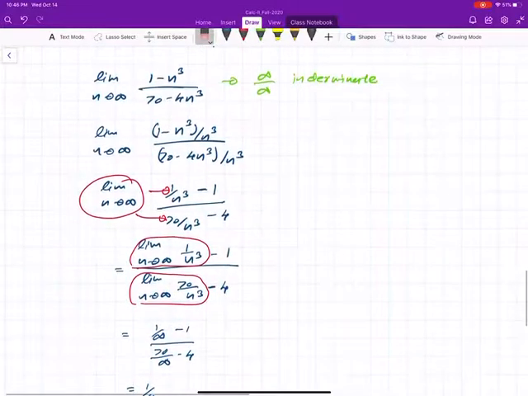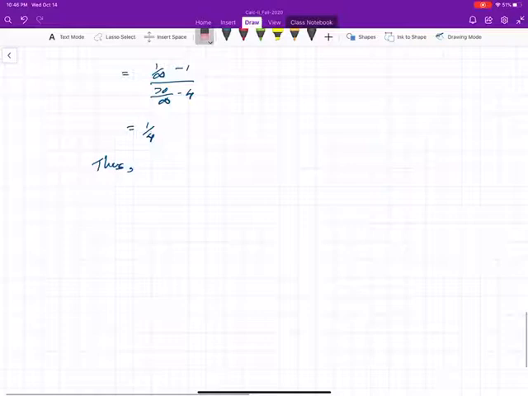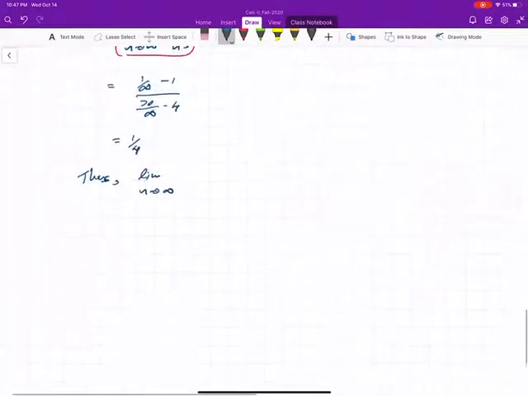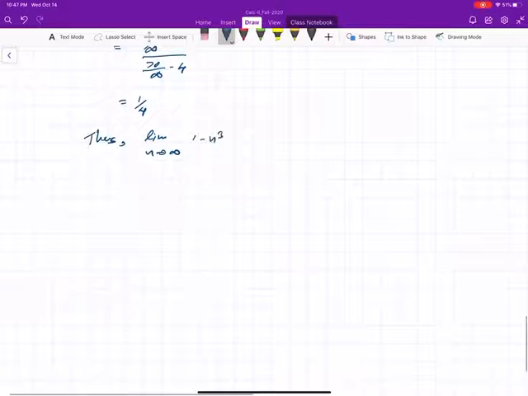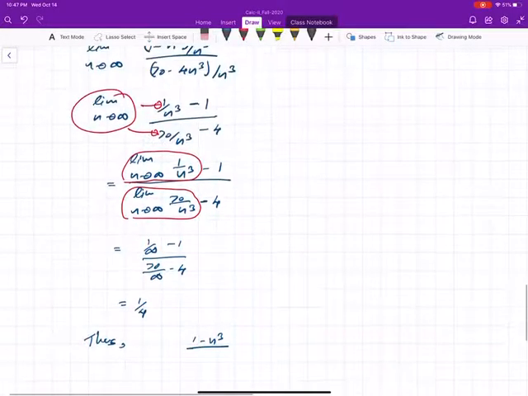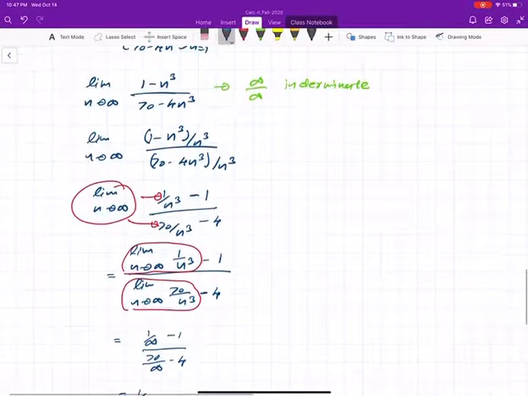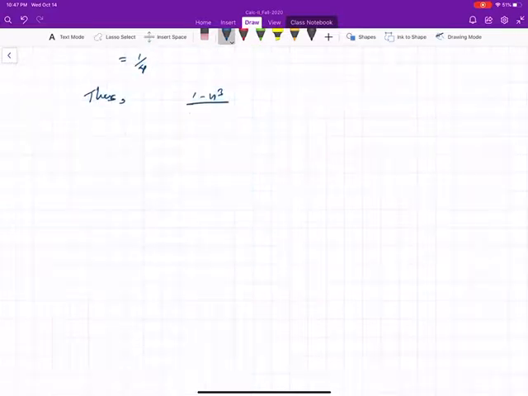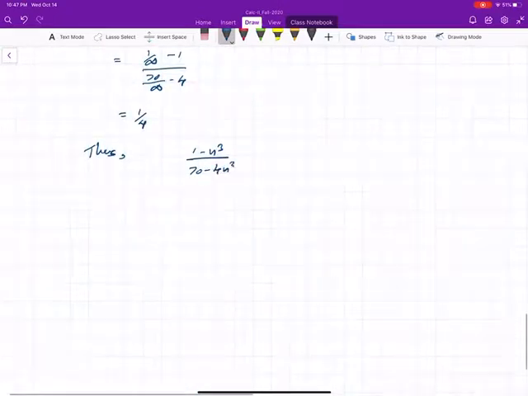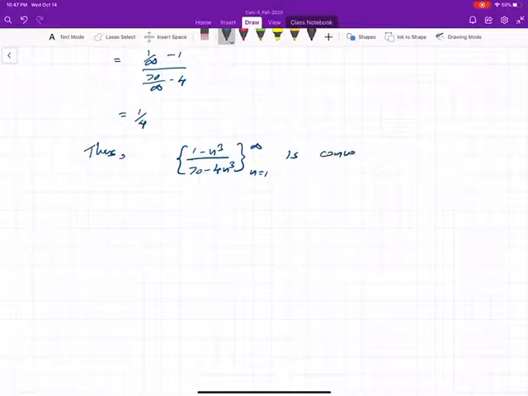Thus, the given series, I'm sorry, I'm talking about the series, not the limit part: the sum of (1 minus n to the power 3) over (70 minus 4n to the power 3), n goes from 1 to infinity, is convergent.